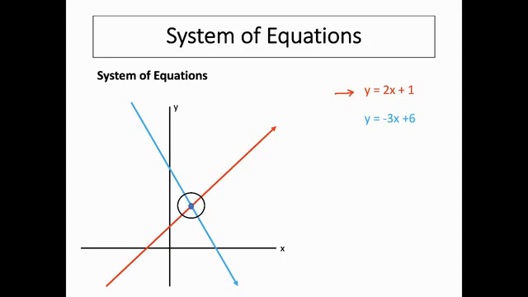So I have a point on this line. If I did that again for another point, and then I connected all those points together, that would be this line. So the line is a visual representation of all the solutions to that equation. Similarly, this blue line is showing us a visual of all the solutions to this equation.